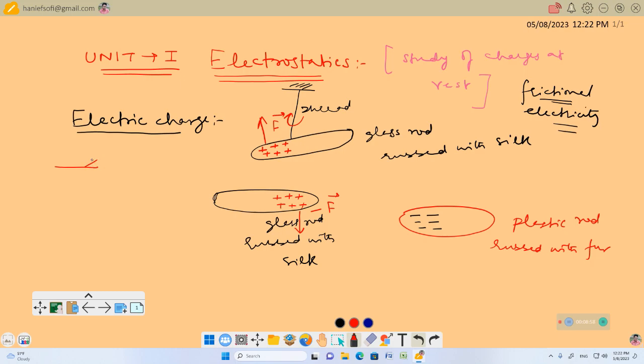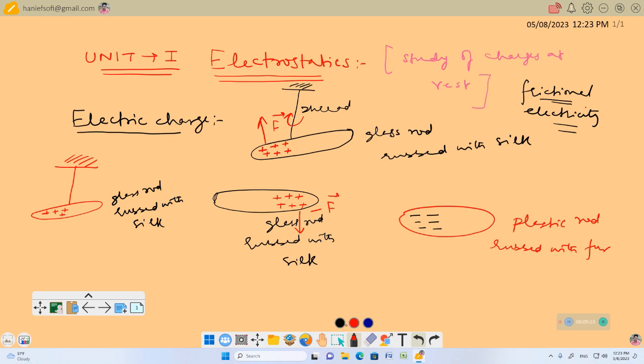Now I have a glass rod, drawn in another color. This is the glass rod rubbed with silk, so it has positive charge.